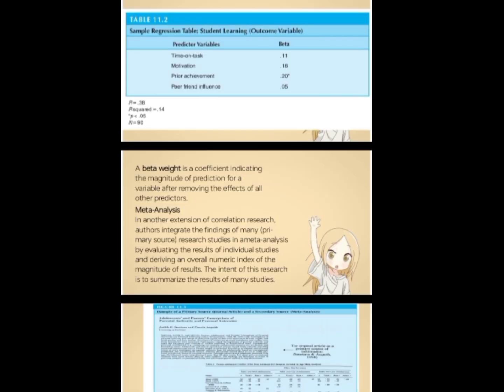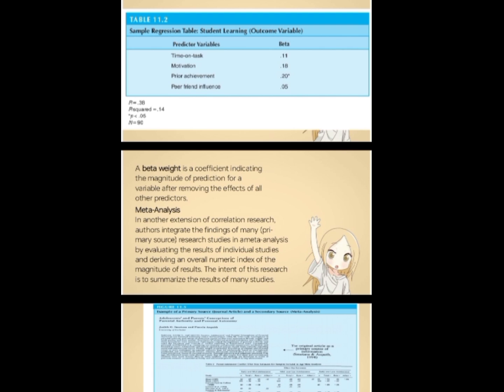Examine the regression table shown in Table 11.2. We can calculate regression coefficients for each variable, assess the combined influence of all variables, and provide a picture of the results. So, a regression table shows the overall amount of variance explained in a dependent variable by all independent variables, called R squared.